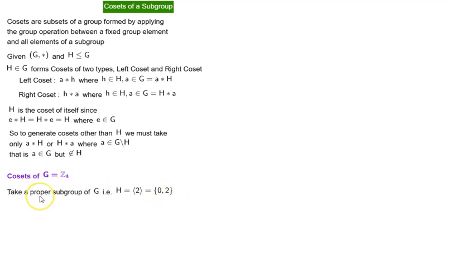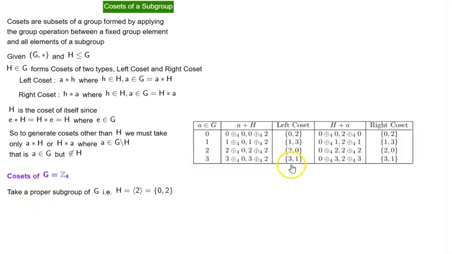Now we start off with a table. So let me explain this table. a is an element from G. G contains what? Since it is Z4, it will contain 0, 1, 2, 3.